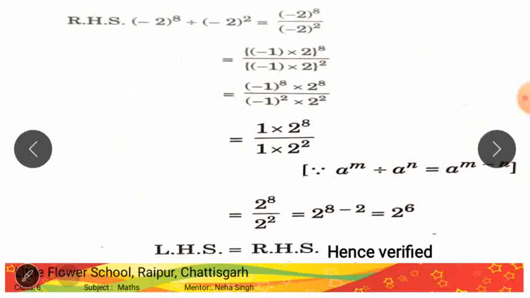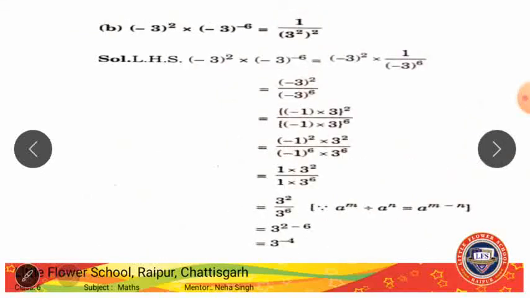Coming to the RHS, here since divide, what we can say here, it will be quotient property, right? So again minus 1 will be separated, steps are all same, only the difference will be here the powers will be subtracted since it is division. So 8 minus 2 is again 6. LHS was also 2 power 6, RHS is also 2 power 6, hence we'll write LHS equals to RHS, hence verified.